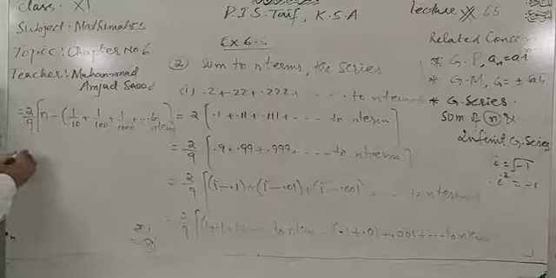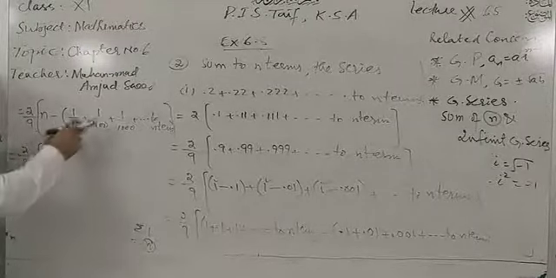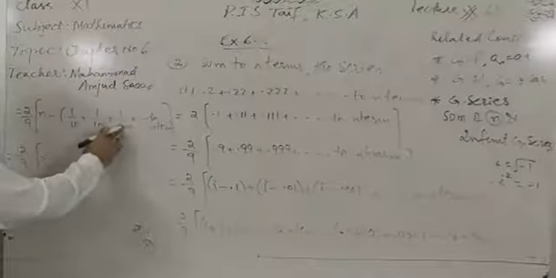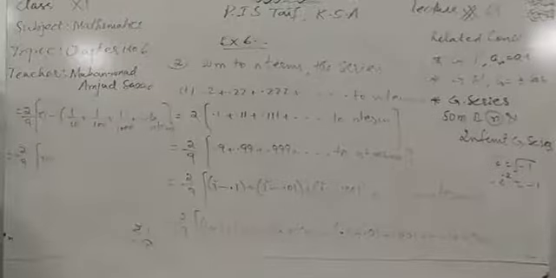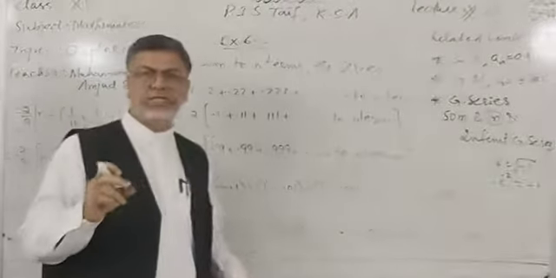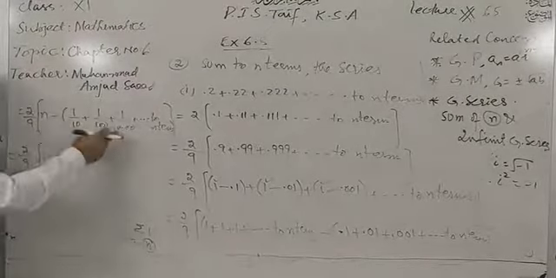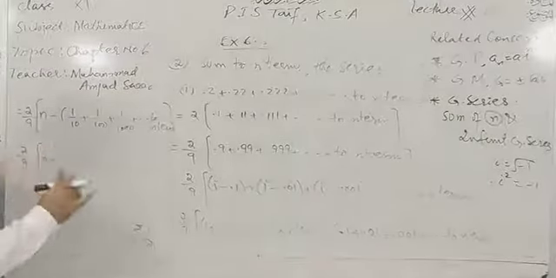Now dear students, 2 over 9 into n minus, this is your proper geometric series. Because in each pair of consecutive terms, your common ratio is second over first, third over second, fourth over third. That will be 1 over 10.